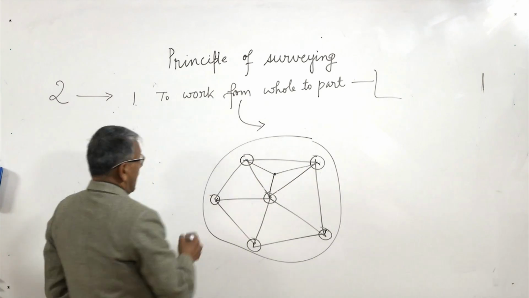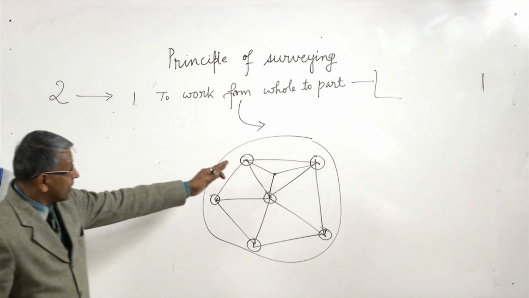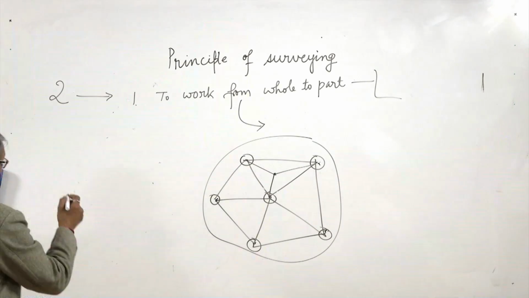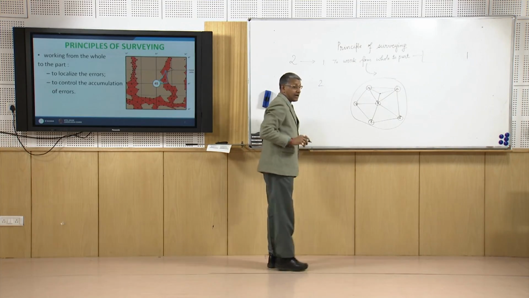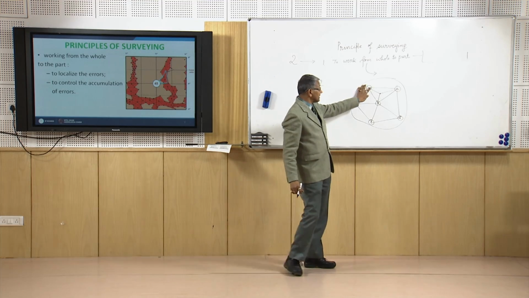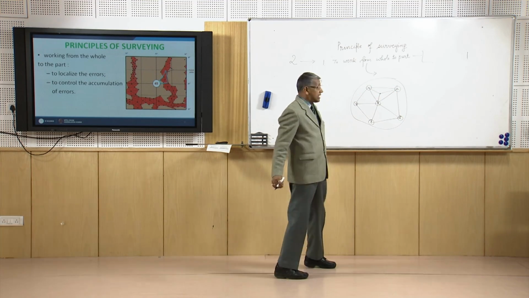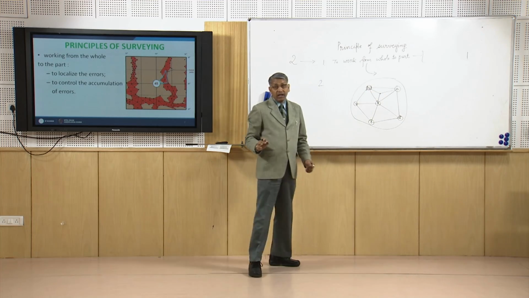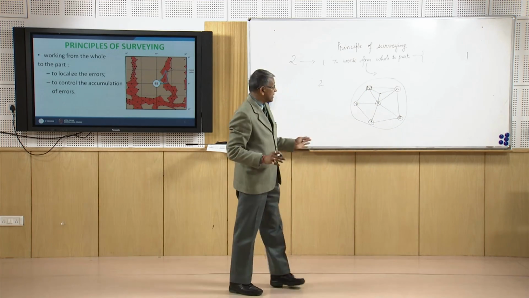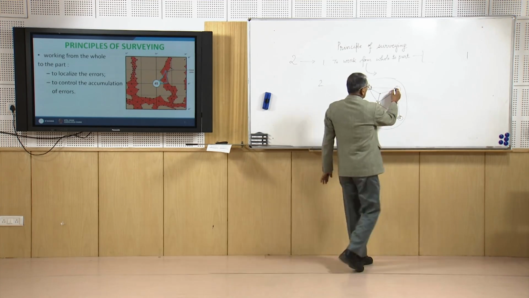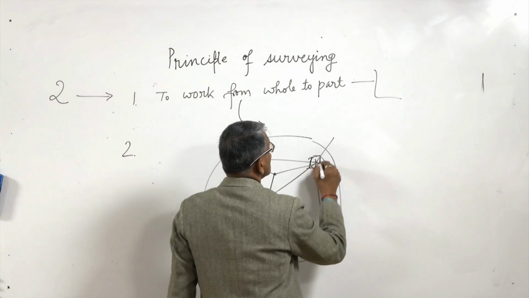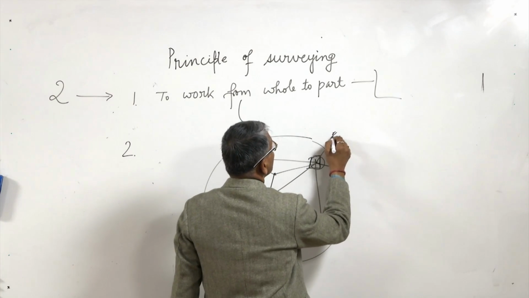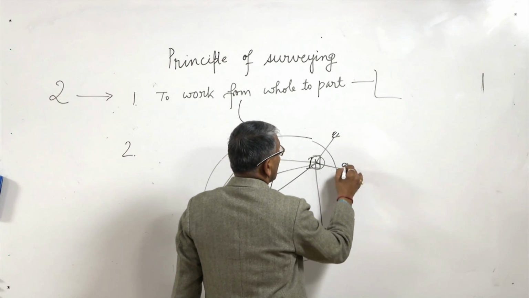So this is called working from whole to part. And the second principle is that once we identify the location of the stations, its location has to be maintained with reference to at least 2 permanent objects, suppose a building corner or a big tree.